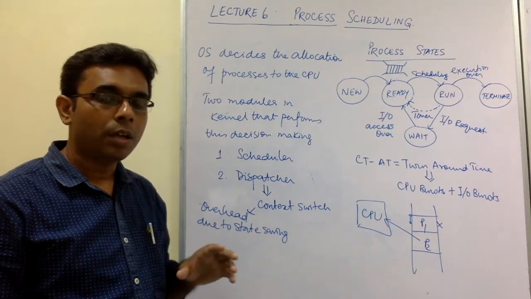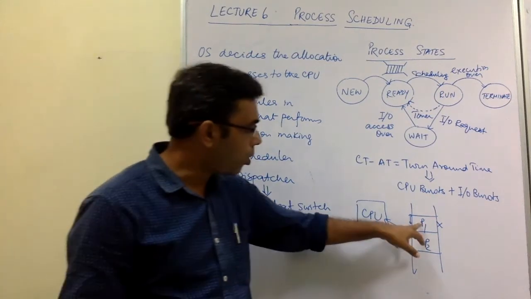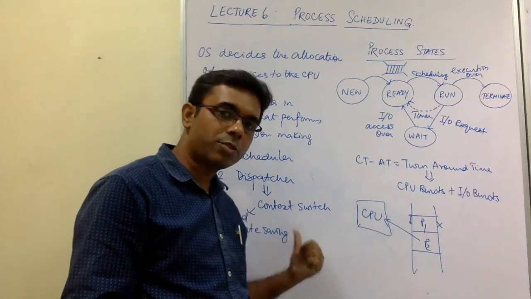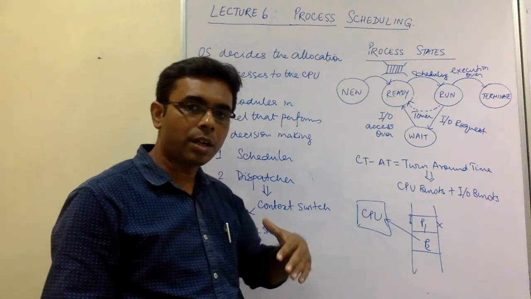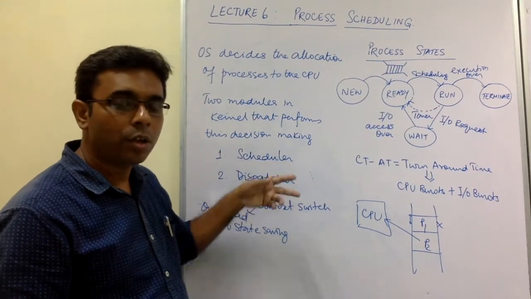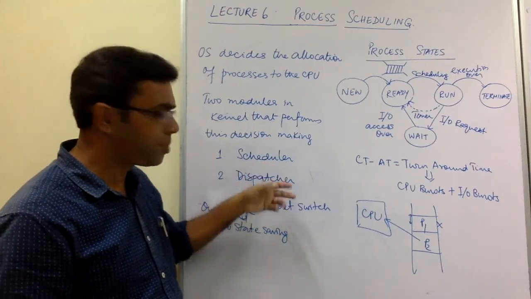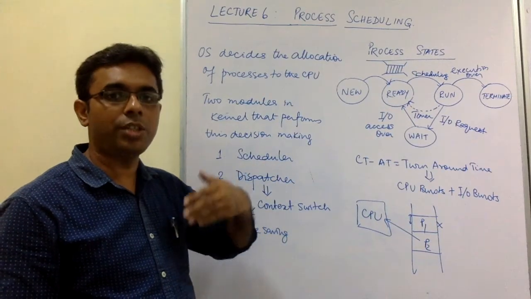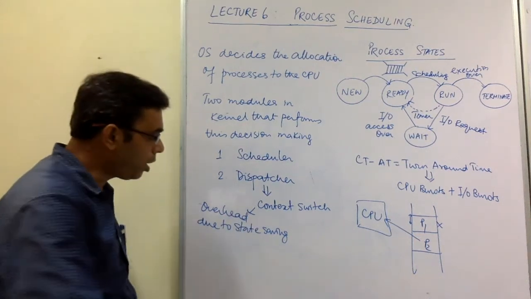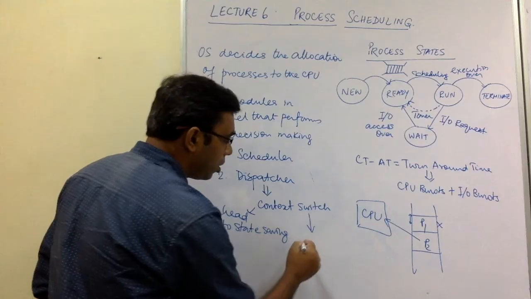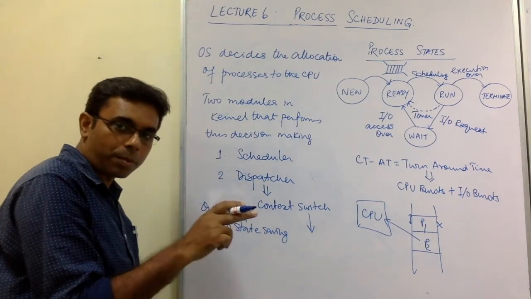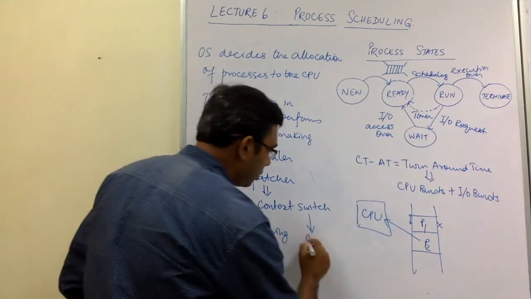So obviously, when a process P1 was executing and suddenly it stopped and a context switch has to happen, then the control goes to the kernel because these two modules have to be run. When the kernel is executing the scheduler and dispatcher, the CPU has changed its mode to the privileged mode, right? So on a context switch, the first thing that happens is the currently running process is stopped.